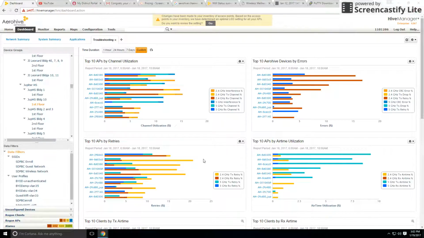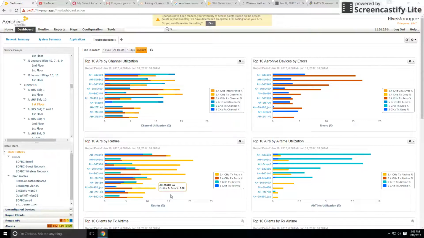Now, something that's a little bit strange here is we've got this top 10 AeroHive devices by errors. And so, for example, we'll see that 8D0380 was showing a lot of retries on the 2.4. Now, that was 2.4 transmit retries.